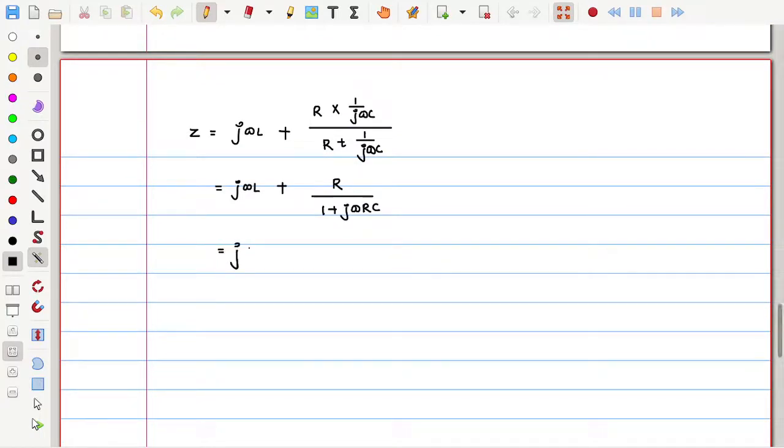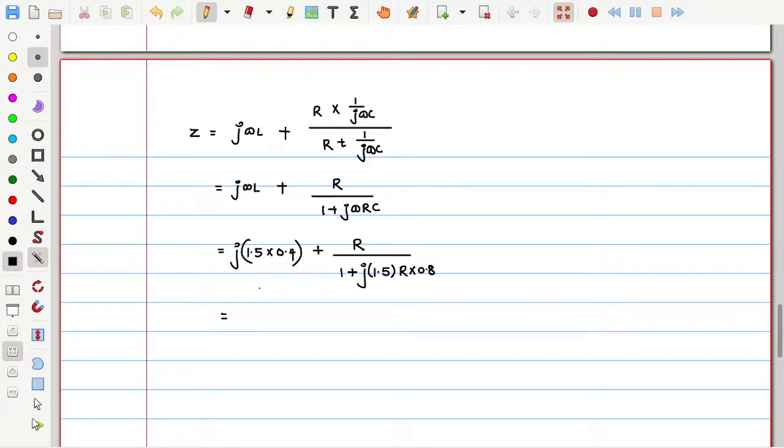j into omega, 1.5, into L, 0.4, plus R is not known, we need to determine R, divided by 1 plus j omega, 1.5, and R is not known, C is known, which is equal to 0.8. Now just simplify these things, let us see how much we will get.